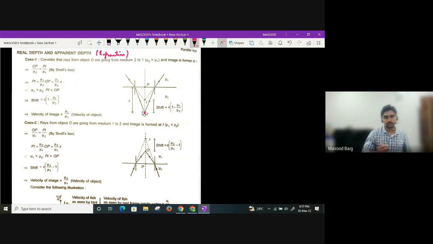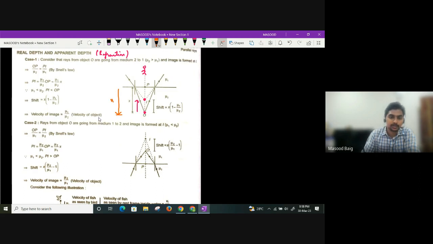You take a fish, guys. If it is present in denser medium, it will appear to be at a certain height above its actual position. In reality it is here, but if you are observing from a rarer medium, it will be present somewhere over here. Clear? So this will be your real depth, guys. So how much is the real depth here? X is given as the real depth.